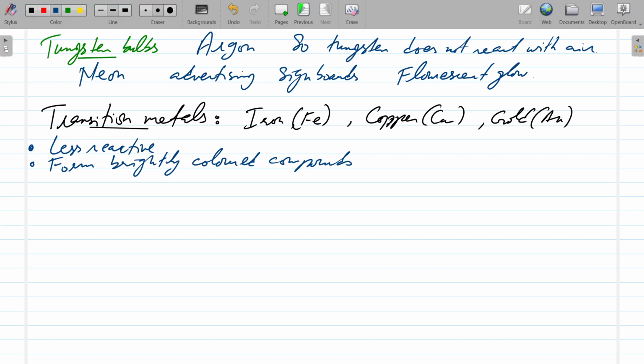One thing that they're perhaps better at is that compared to groups 1 and 2, they are harder and stronger than group 1 and 2 metals.